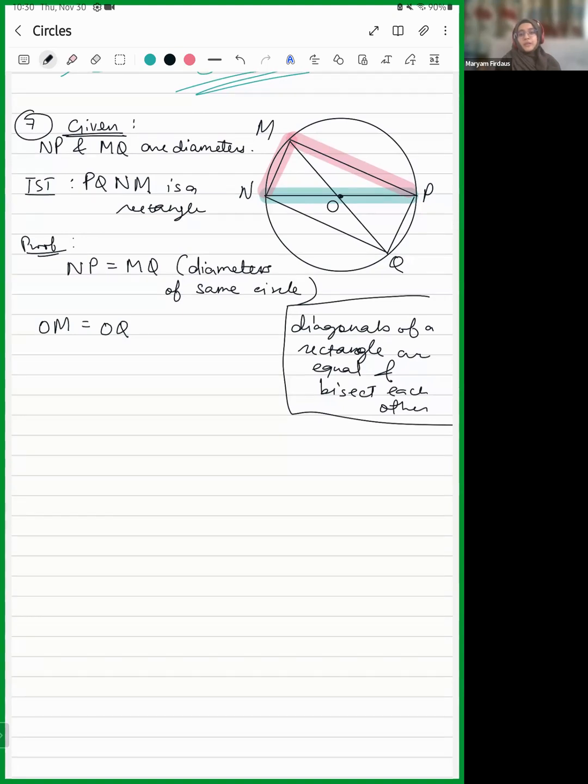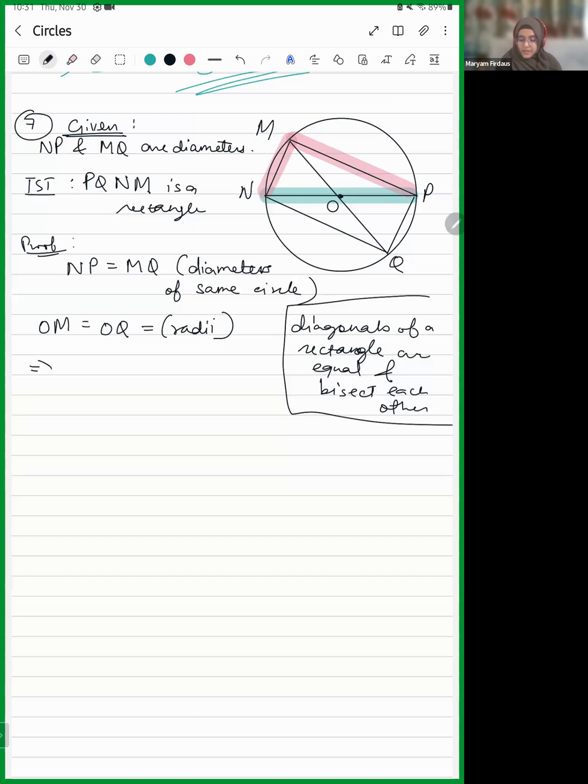Yes, Avni? What is OM of the circle? OM is dash of the circle. Radius. Very good. And OQ is again a radius. So OM is equal to OQ because they are both radii of the same circle, so they are equal.